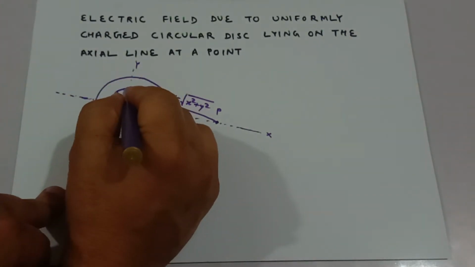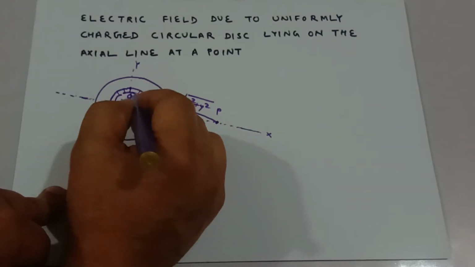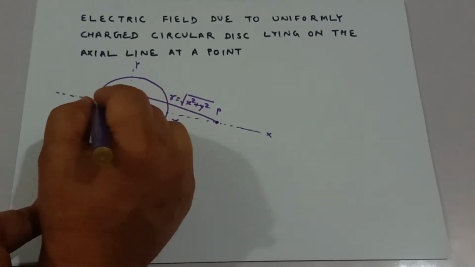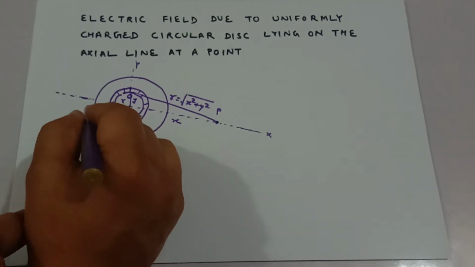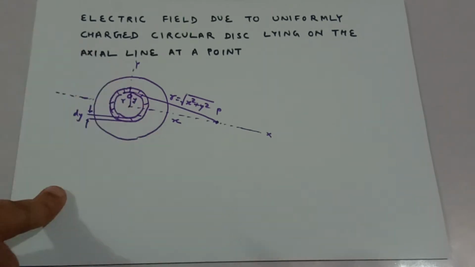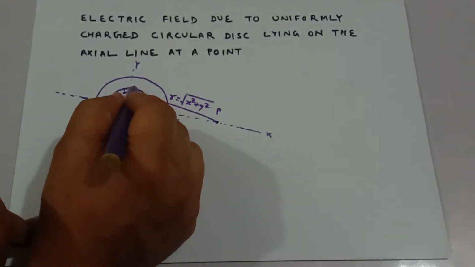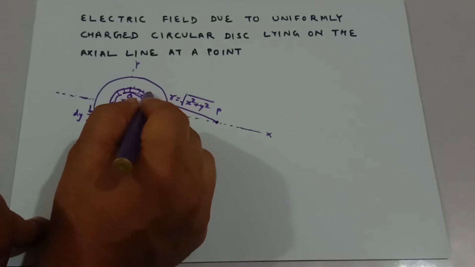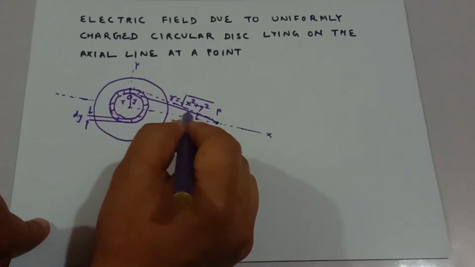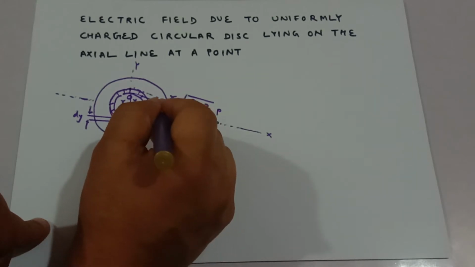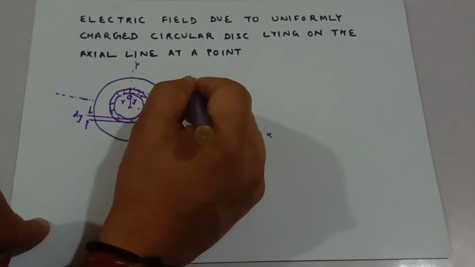And suppose this particular thickness is dy, so this particular thickness here is this one, which is dy. So this particular portion dy would make an angle here, and if this angle is theta, then this particular small angle would be d theta, right?